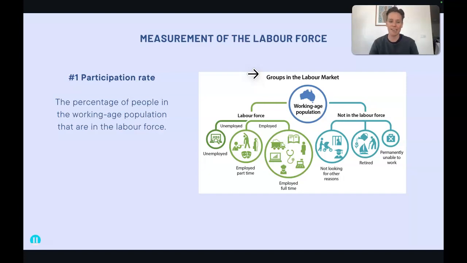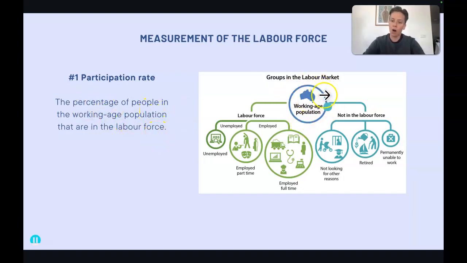Now we need to get a sense of how it is that we measure our labour force. So you guys just need to come in and speak to what these measurements are. You don't have to criticise them. You don't have to say they're good or bad. You just need to know what they are. So number one is the participation rate, okay? This is the percentage of people that are of working age, and we've said that's 15, that are in the labour force, okay?